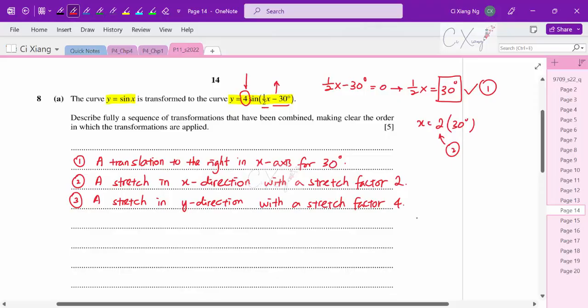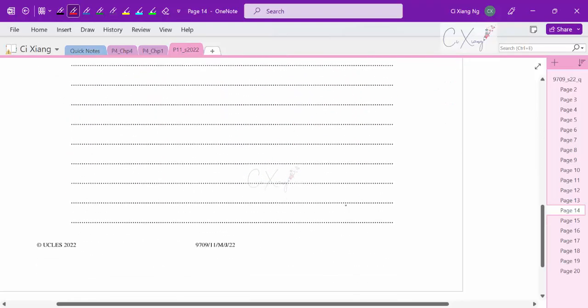So these are the three transformations that we have from y equals sine x to become this new function here. Okay, so we can proceed to part B for question number 8.